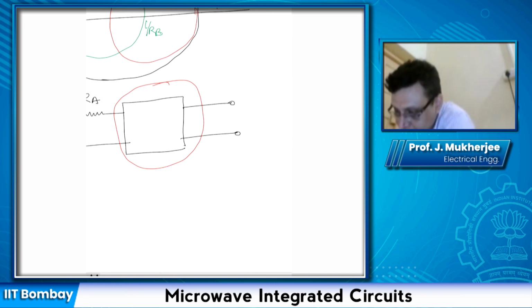We call K dash the factor for this system with the series resistance.